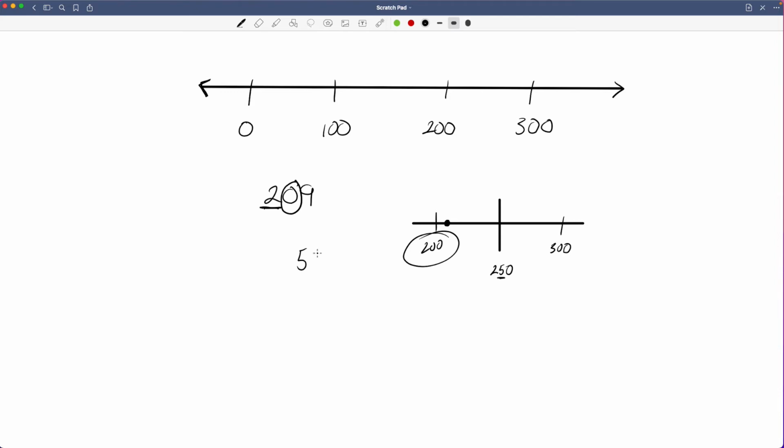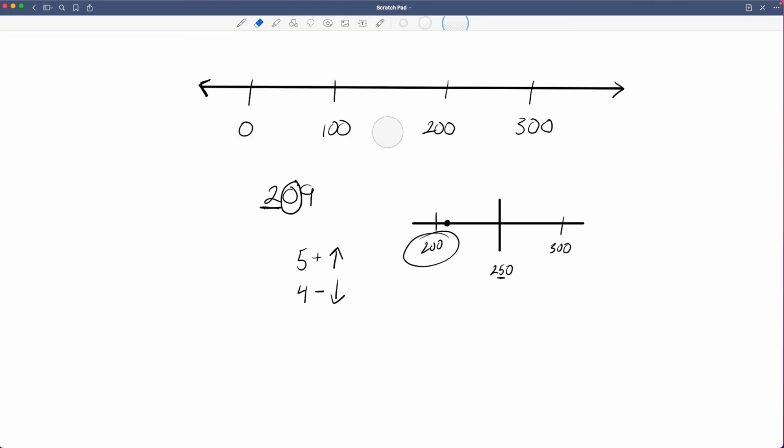So 5 or more, we round up. If it is 4 or less, we round down. So I had a 0. A 0 is less than 5, right? It's 4 or less. So we went down. It was closer to the 200 mark. So we did that type of rounding here.